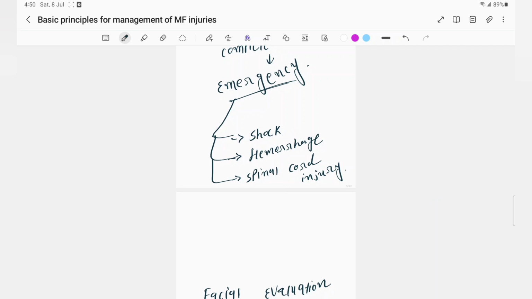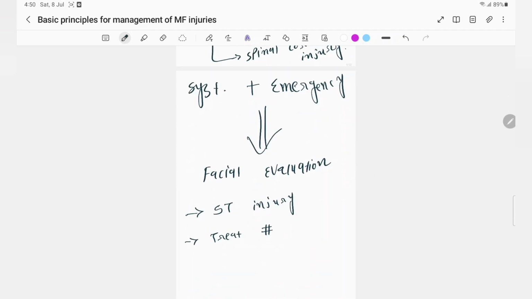So after doing this systemic evaluation, plus you have done emergency treatment and all, now you have to go for facial evaluation. Okay, because facial injury is not a big thing. So in facial evaluation you have to see how much soft tissue injury is there, any fracture or not.